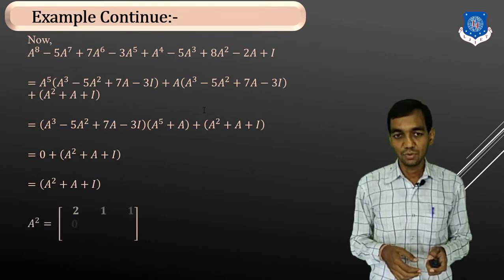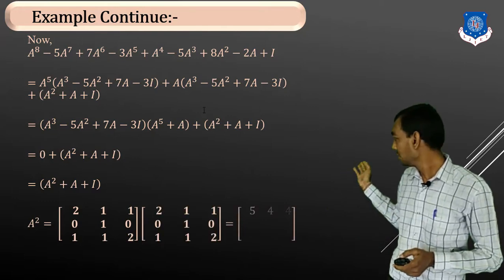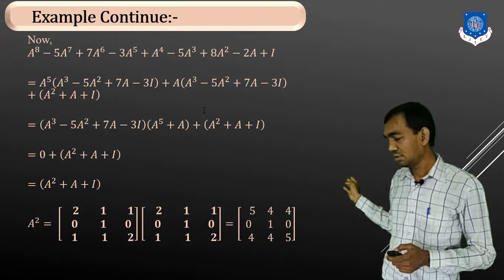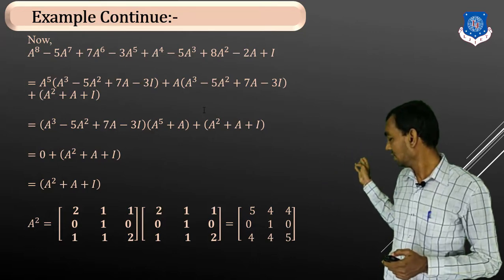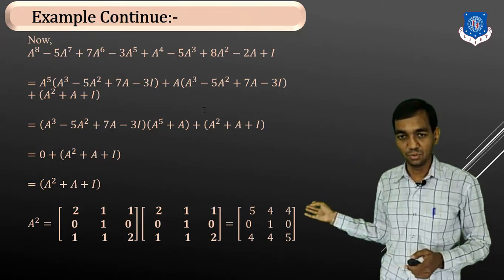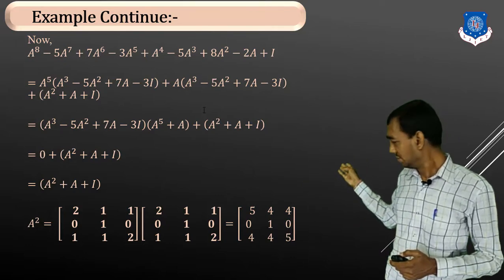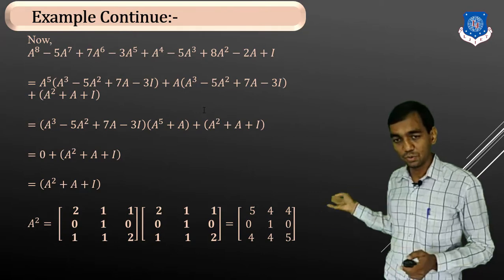Now we are going to put the values of A square, A and I. A is already there. For A square we are finding A into A. That will be [2 1 1; 0 1 0; 1 1 2] into [2 1 1; 0 1 0; 1 1 2]. So the answer will be [5 4 4; 0 1 0; 4 4 5].